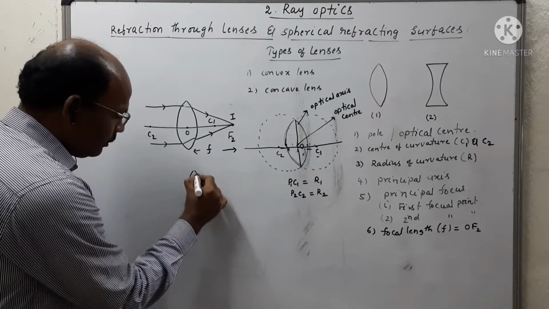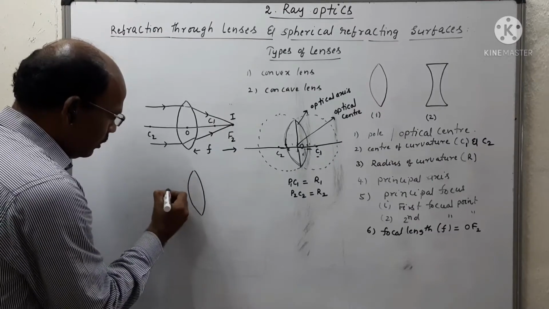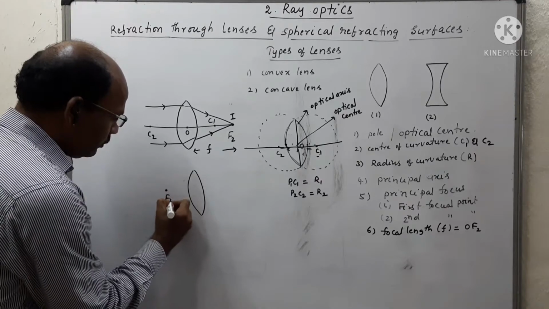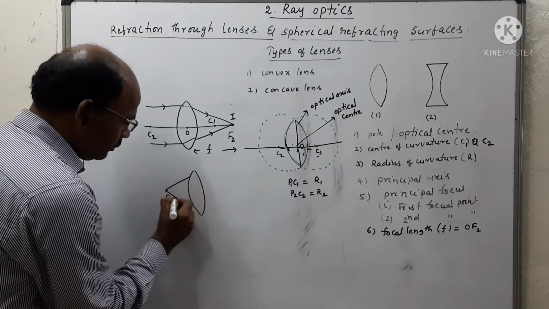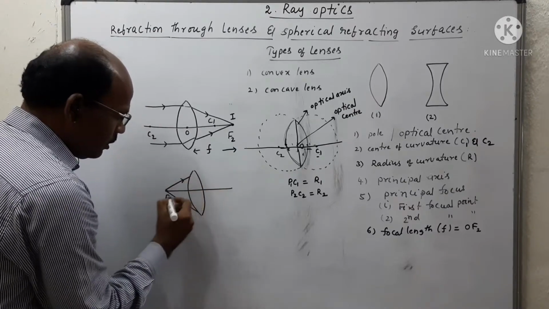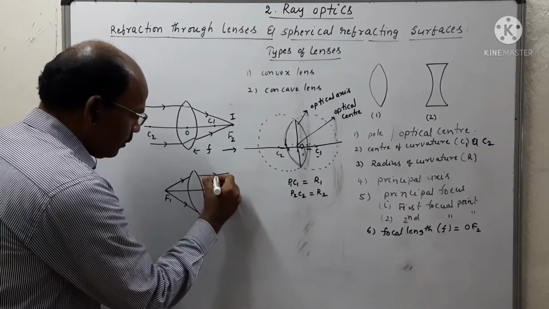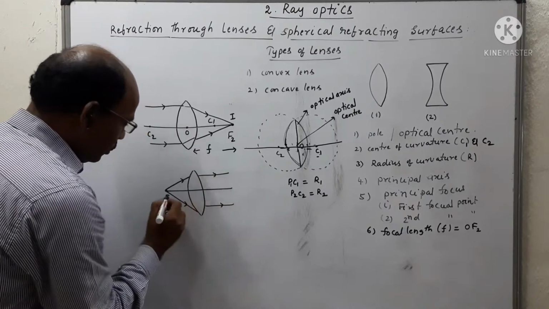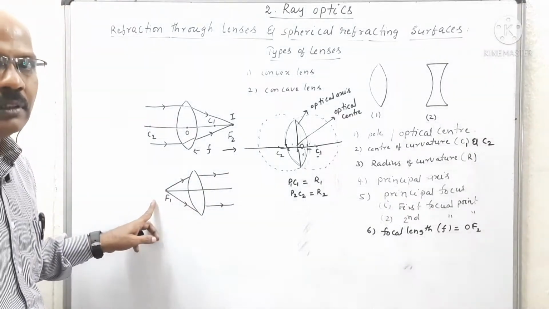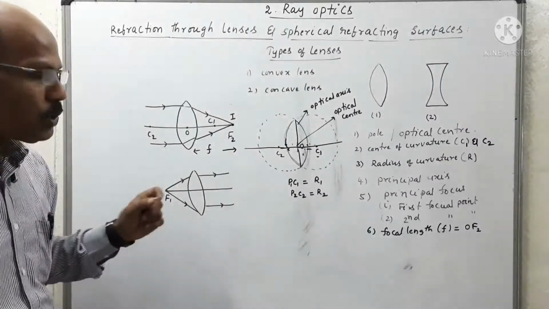Again we consider, so this is the principal axis. So this is called the first focal point or first principal focus.